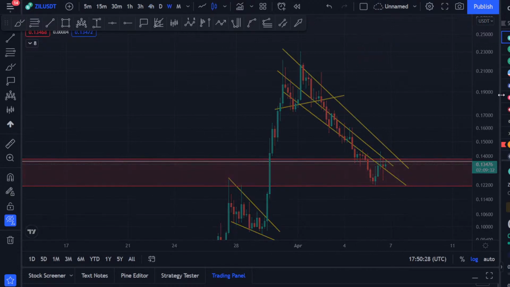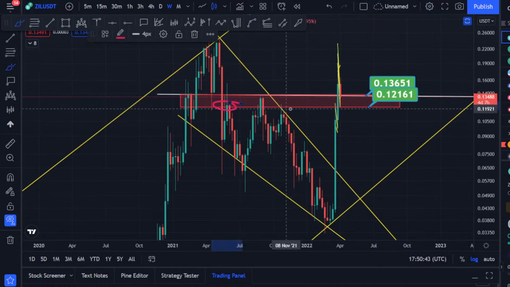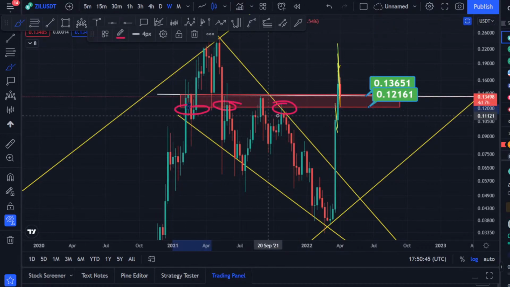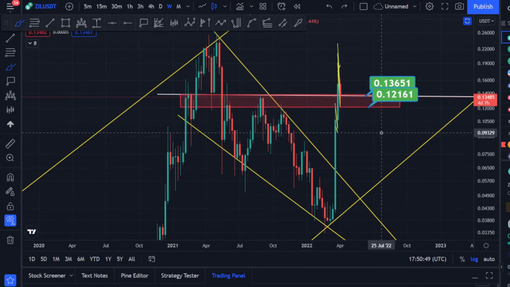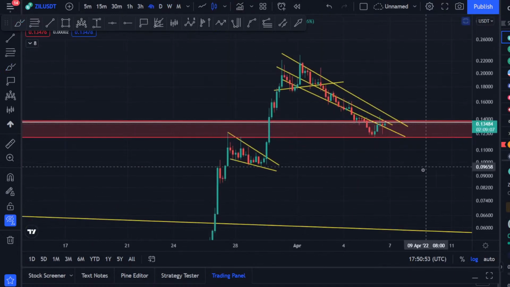It held support over here because I told you this was the second strongest, more strong than the first one, support at these levels, because you can see right over here, right over here, a lot of support areas. So this was the area that a lot of people were watching.